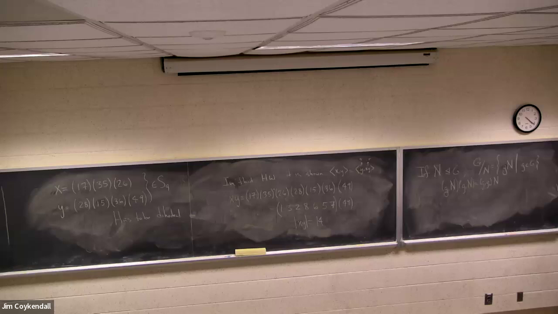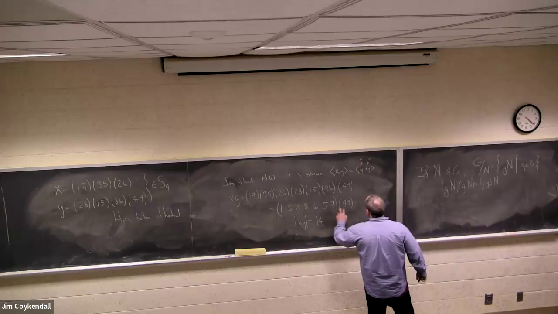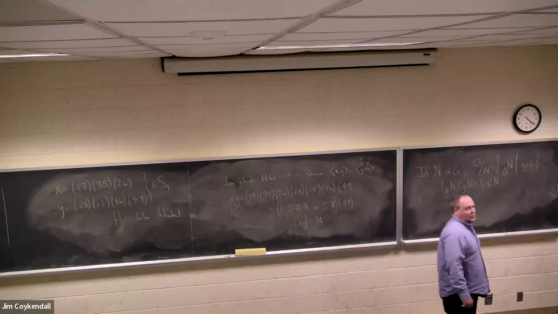It's kind of interesting because in S9, even though it's a big group, the biggest single cycle you have is only 9 elements, right? Because there's only 1 through 9 in there. So the biggest single cycle is 9 elements. But you would think that maybe the largest order element is 9, but that's certainly not true because this thing lives inside of there and it's got order 14.